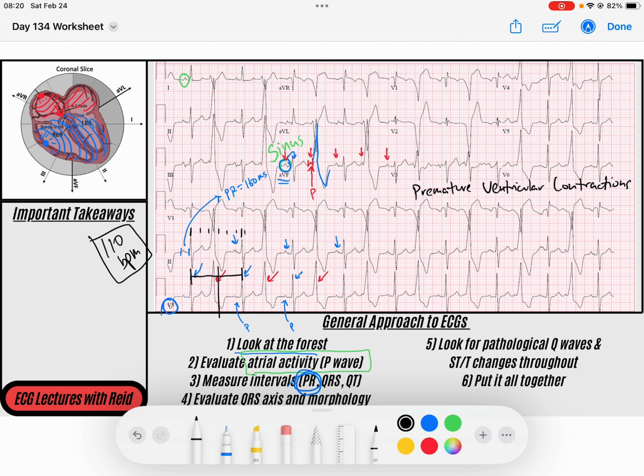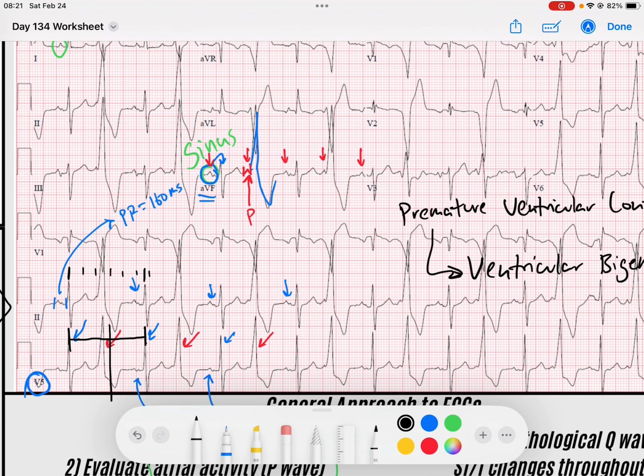And we know that PVCs that happen every other beat, we can call that ventricular bigeminy, right? So we've got ventricular bigeminy that's landing right after these P waves, right?